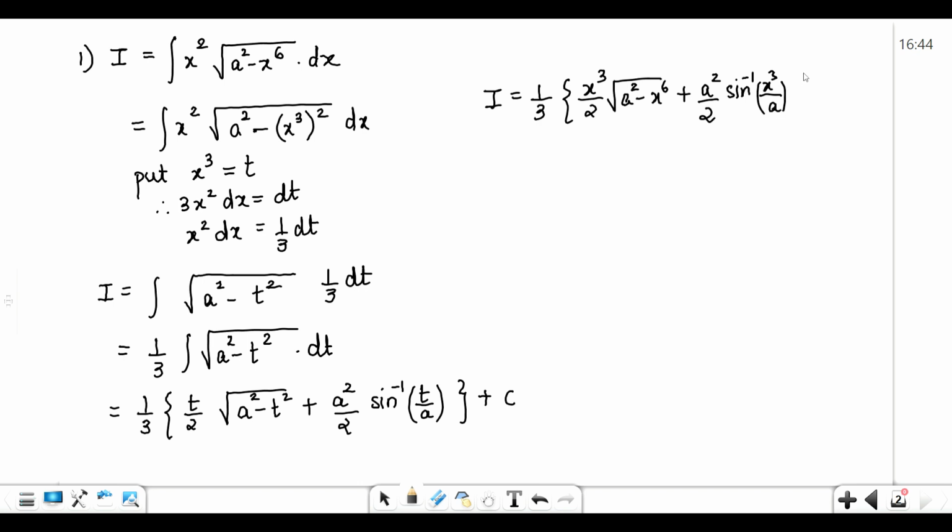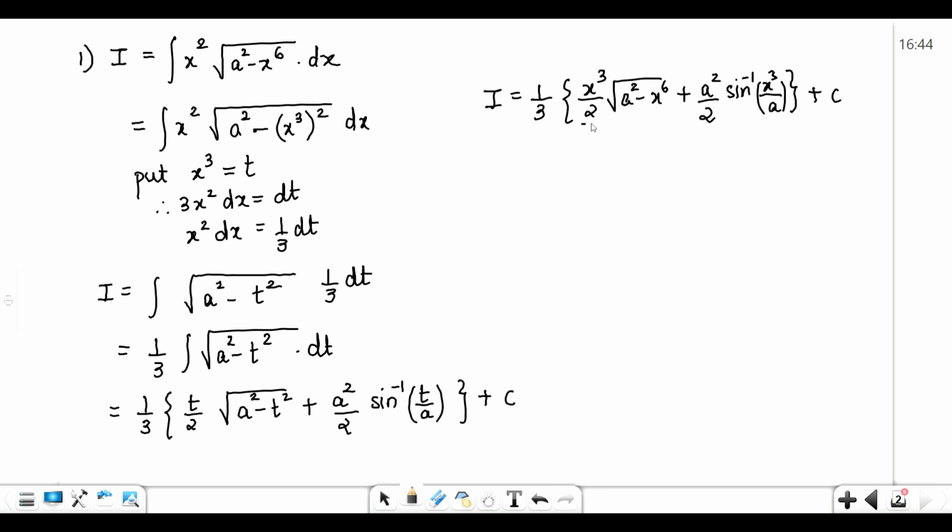You can draw the bracket here. After that we will just close this, plus c. So this is the value of the first integral that we have solved. You can take 1 by 3 inside if you want, otherwise it's okay.